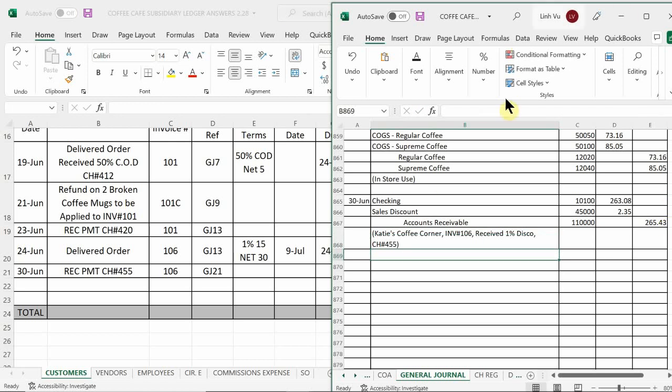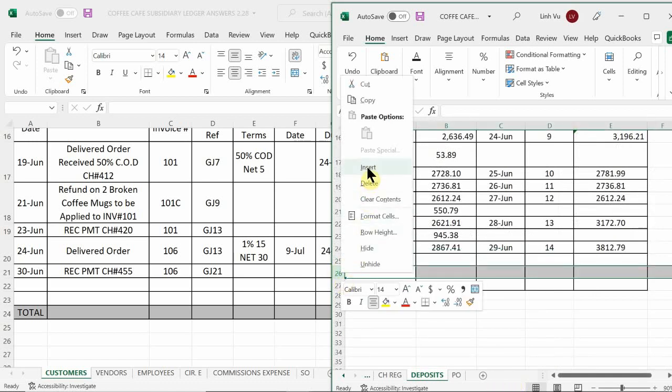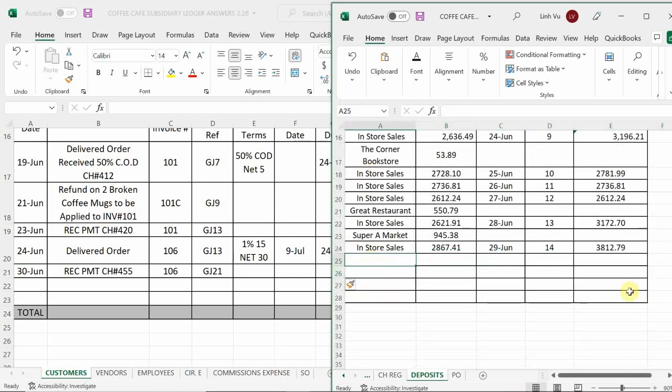So now that we have that, the first thing I'm going to do is recognize that I have that deposit. So I'm going to insert one more row just in case. In this case, we received from Katie's Coffee Corner, so I'm just going to type in Katie. There you go.